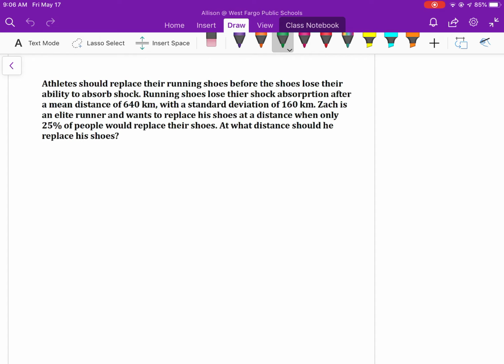So they gave me a lot of information here. They told me that the average distance was 640 kilometers that people replace their shoes, with a standard deviation of 160 kilometers. But Zach is an elite runner, and he wants to replace his shoes at a distance when only 25% of people replace their shoes.